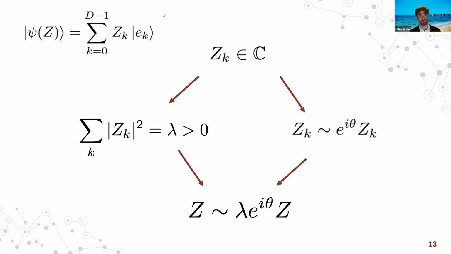So the way this goes is that you have a generic Hilbert space, and you fix a basis. This could be interferometric measurements, for example, and you parameterize the vector space, psi of Z, with a bunch of complex numbers, Z_k. Of course, we can arbitrarily fix the normalization. We can fix it to 1, so we interpret it with probabilities, or we can fix it to the number of samples, so we're looking at it as countings.